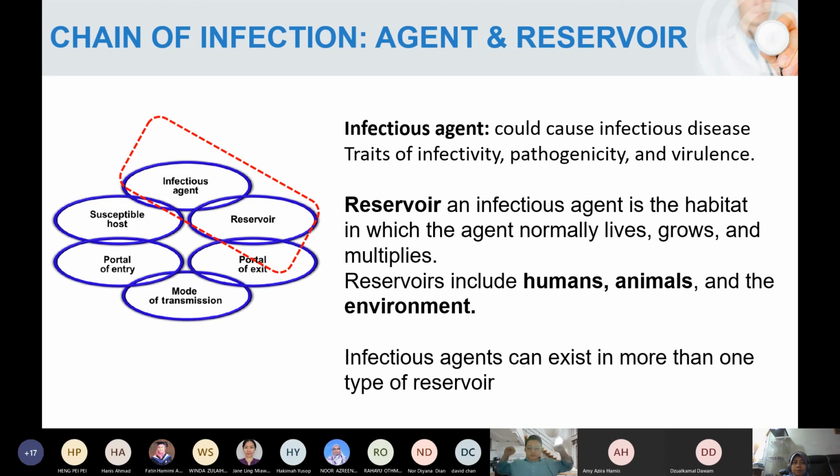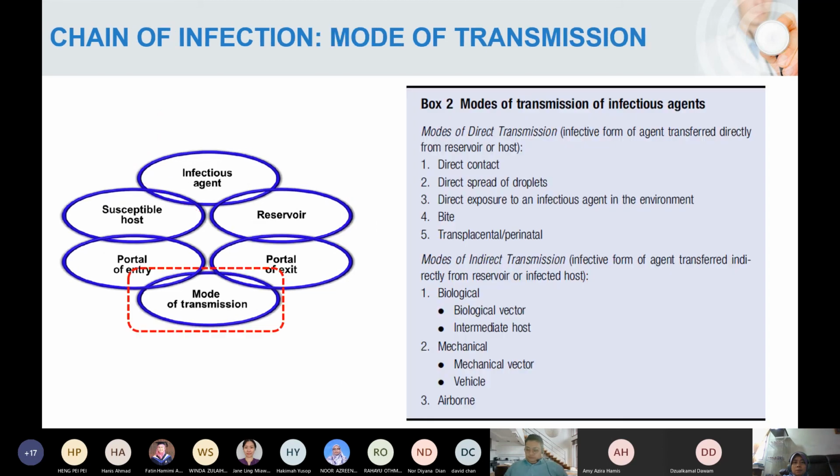Another example, mode of transmission, can be direct or indirect. Direct contact, chickenpox, direct contact, droplets, transplacental. Indirect is usually the vector, biological vector, our mosquito, can be toys and so on.